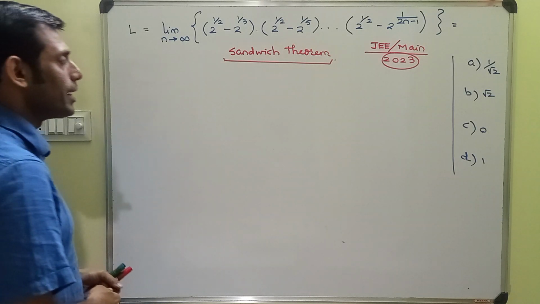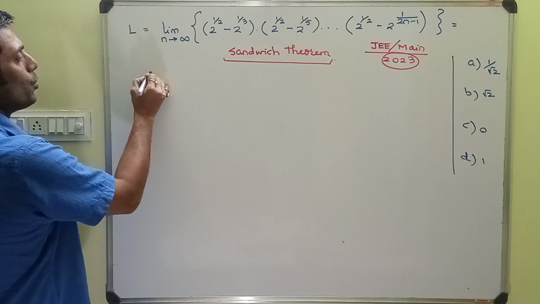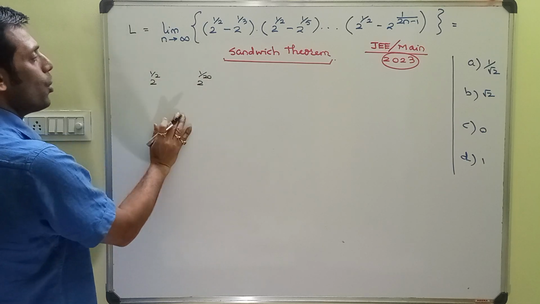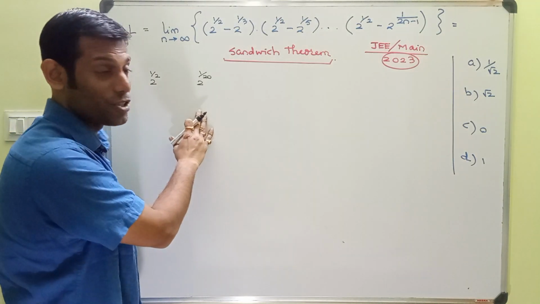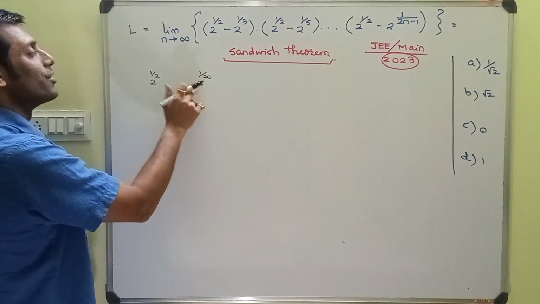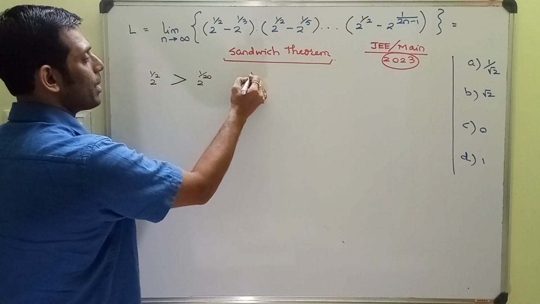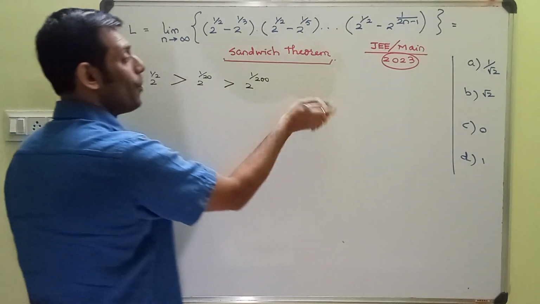How do we create a sandwich of the products? Now see, 2 power half and let's say 2 power 1 by 20. Who is less? Obviously this is less. Why? Now if I go for 1 by 200, this is even lesser. Why?